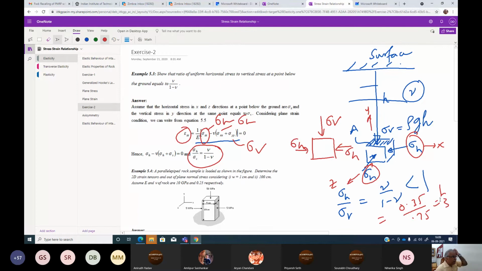Now here, why are we saying this is less than 0.5? One of the reasons is all rocks are porous. Whatever the compaction may be, it is still porous. And since they are porous, the porous material will have a lower Poisson ratio.